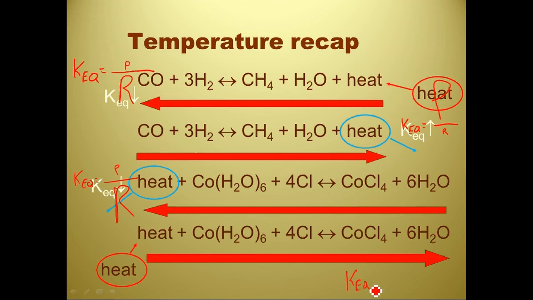KEQ of something that's shifting to the right, well, the right means you're making more products. So products are big, reactants are small. That means that your KEQ is going to be relatively large. Large number over a small number. So KEQ is actually increasing with this. Just as a quick recap, temperature is the only thing that can change a KEQ.